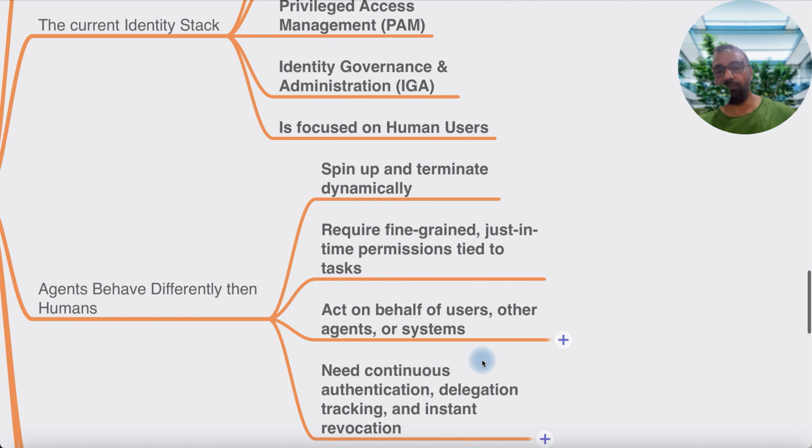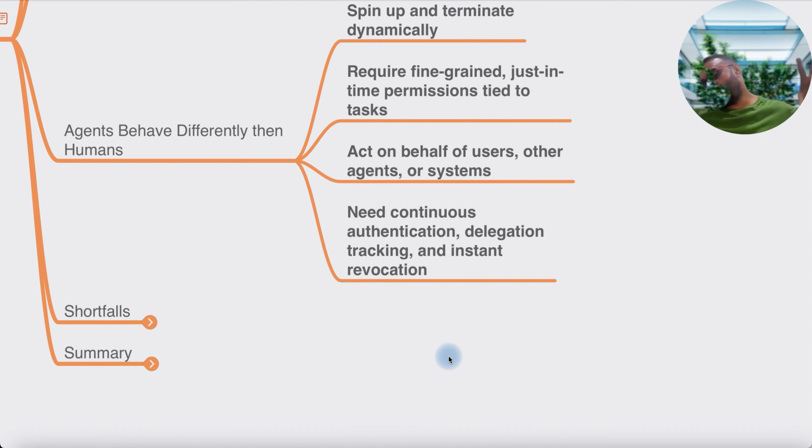One, they spin up and terminate dynamically. Second, they require fine-grained, just-in-time permission that is tied to a task. They act on behalf of users, other agents or systems. Also, they need continuous authentication, delegation tracking, and instant revocation to handle the cybersecurity risk. Again, summarizing whatever I've said so far, agents are dynamic in nature.